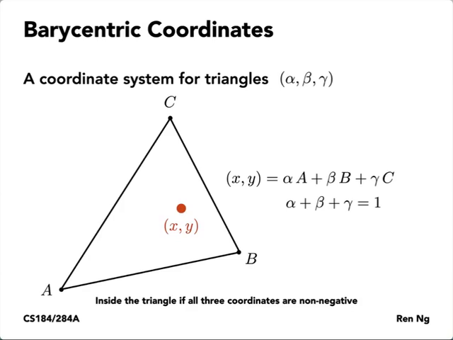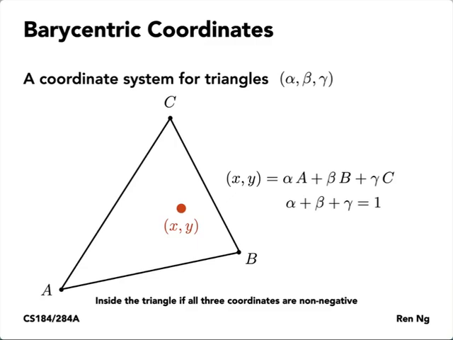They could also be UV coordinates for A, B, and C. Anyway, if I want to know what is the interpolated value at XY, the barycentric coordinates alpha, beta, gamma corresponding to this location XY give us the formula for this. The interpolated value at XY will just be given by, very conveniently, alpha times A plus beta times B plus gamma times C. So this is a weighted sum of the values specified at the vertexes.